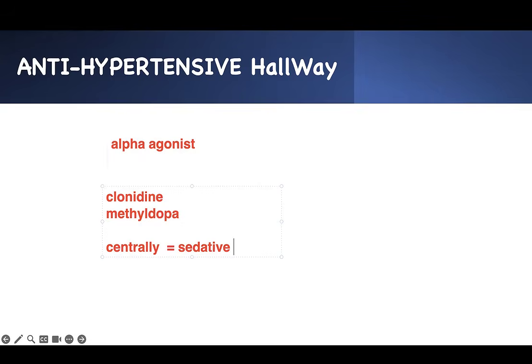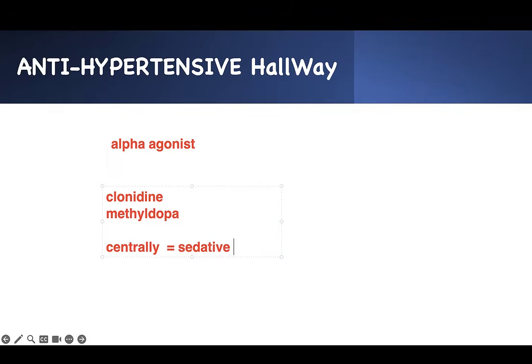That's why we avoid it in older patients, and they can cause rebound hypertension. You should never stop it right away. You can taper it slowly, but you cannot stop it abruptly, because if you do, it becomes a problem. This is the key thing I want you to pay attention to.